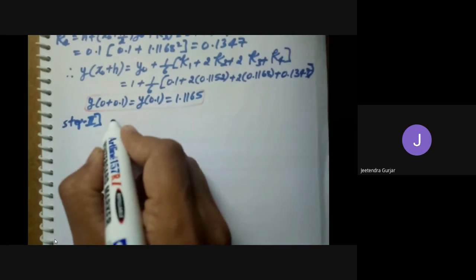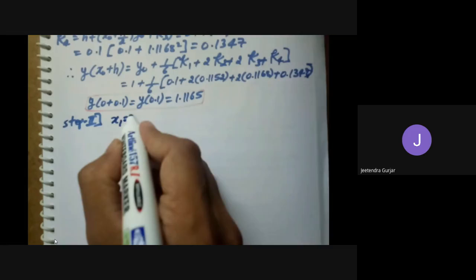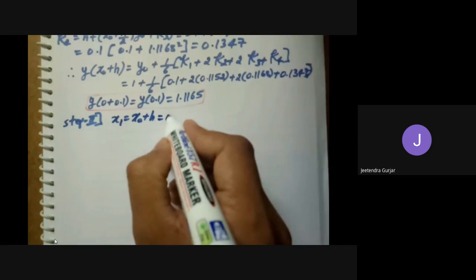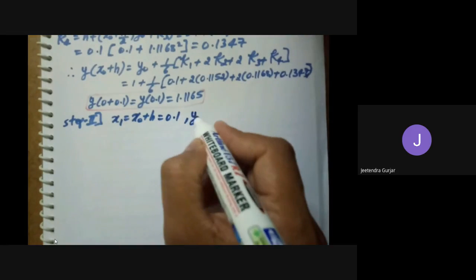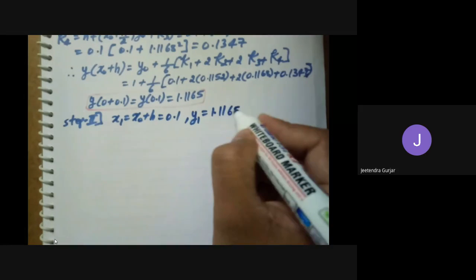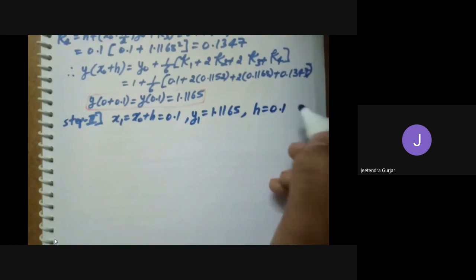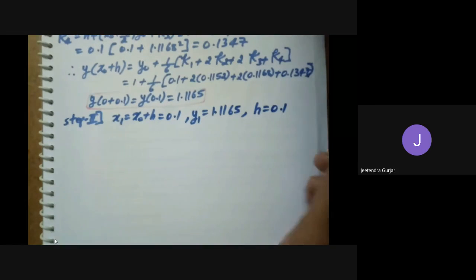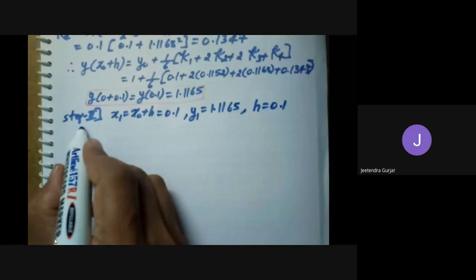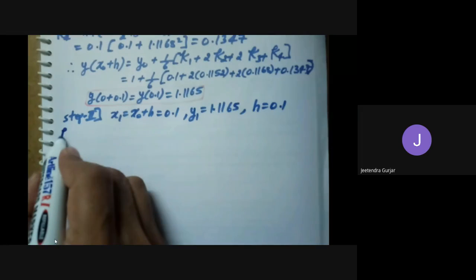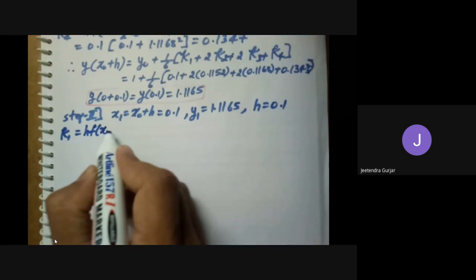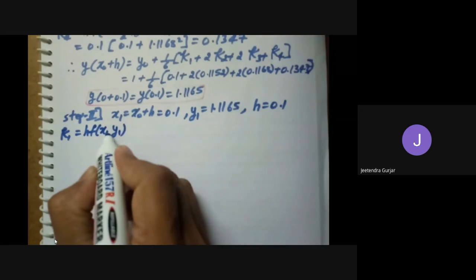Then y1, students, what can you tell me, what will be y1? From the previous step, you can see y1 is equal to 1.1165. You have to take this previous approximation, y1 is equal to 1.1165, and remember h is equal to 0.1. Immediately go for all the formulas of the Runge-Kutta fourth order method. K1 is equal to h f of x1 comma y1.